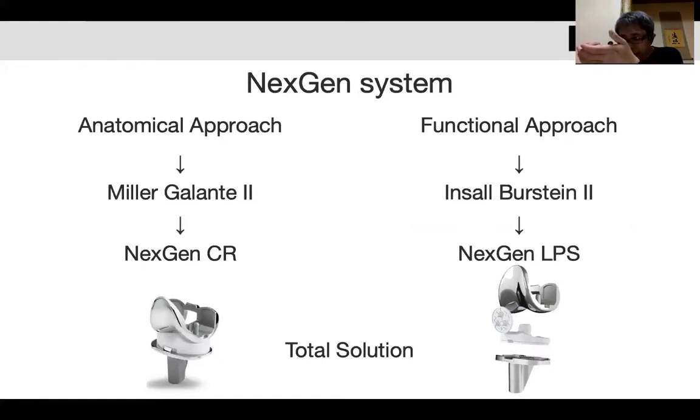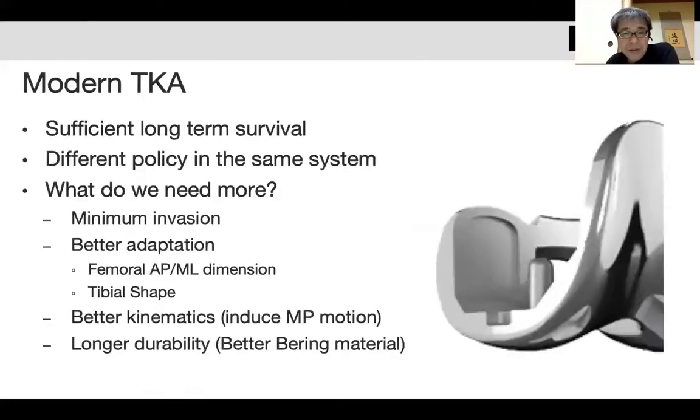The kinematics is completely different from the original one, but this prosthesis aims at similar kinematics to before the operation and even before the disease. So this is the difference.